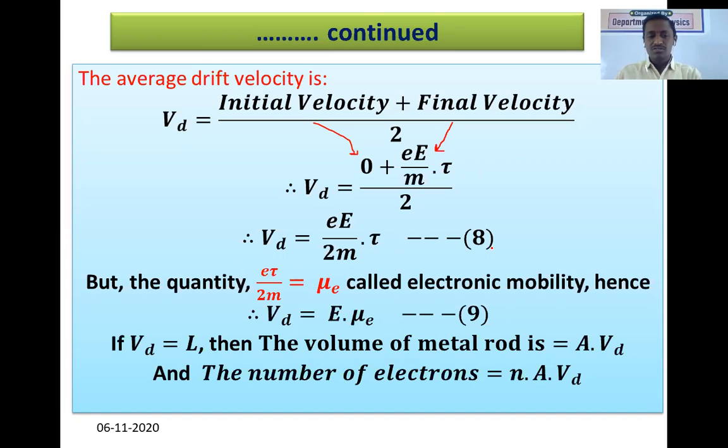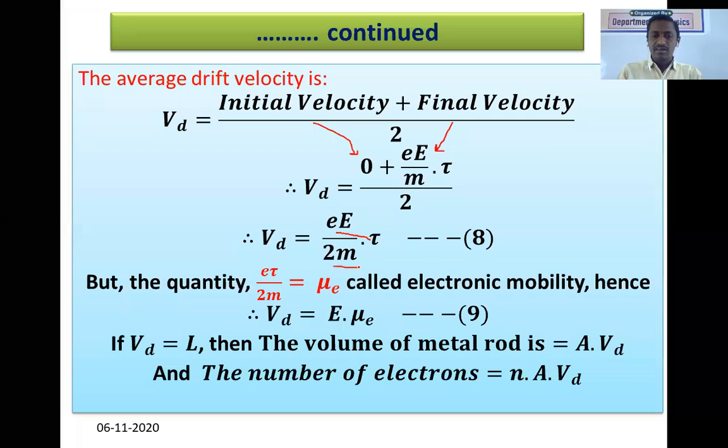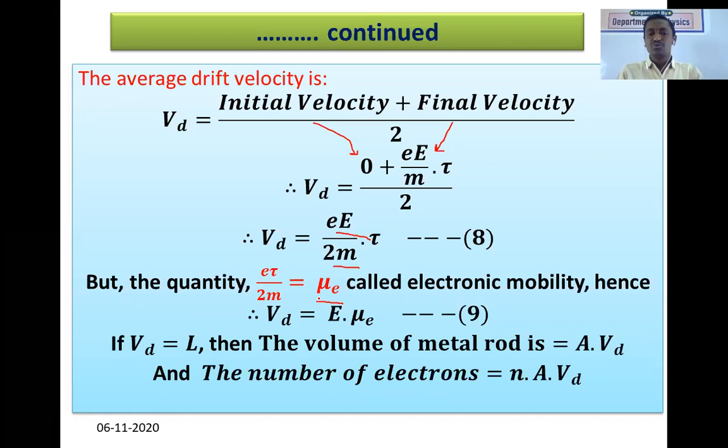But before this, the quantity E tau upon 2m in equation 8 is called electronic mobility, mu E, the ability of the electron to move under the application of an electric field.